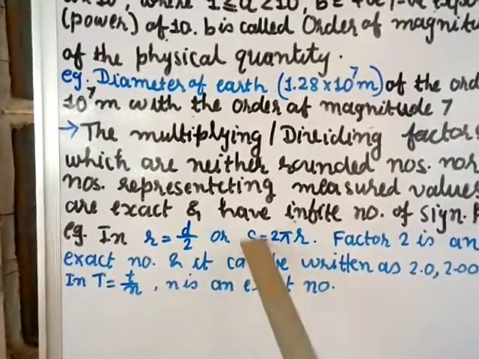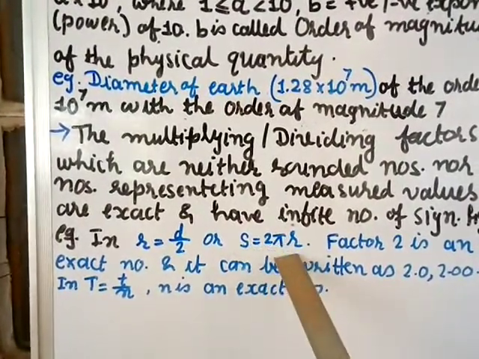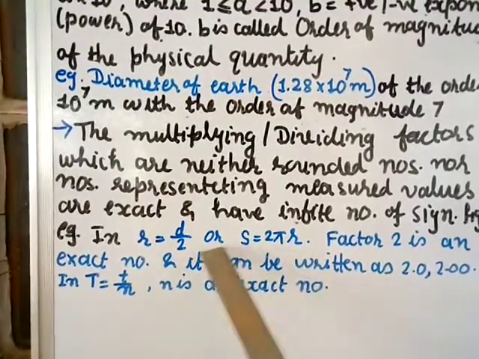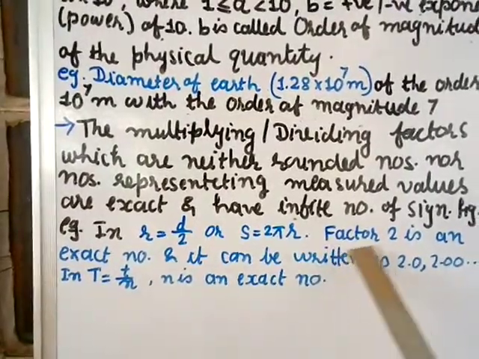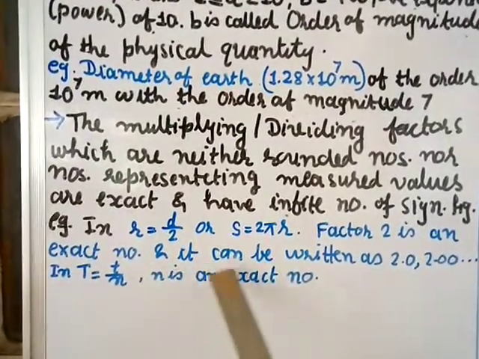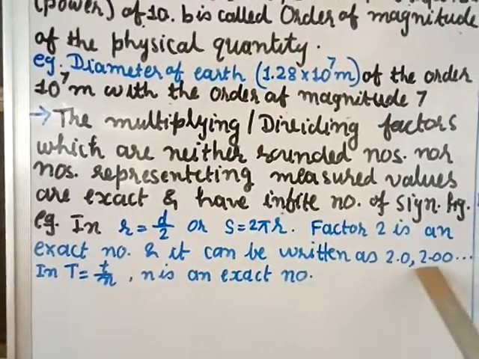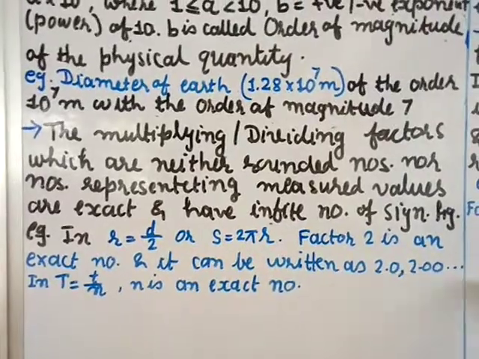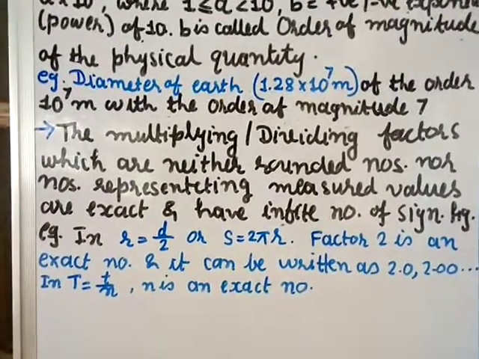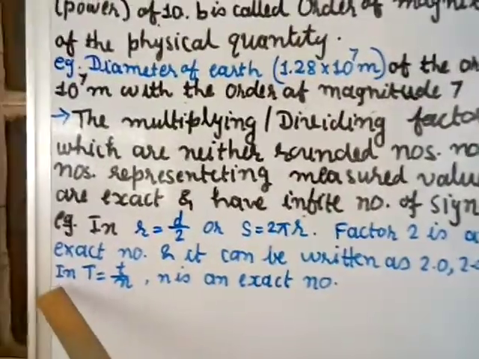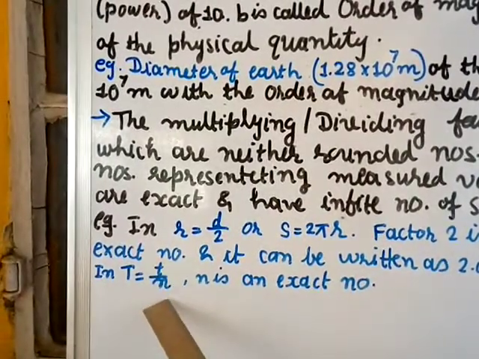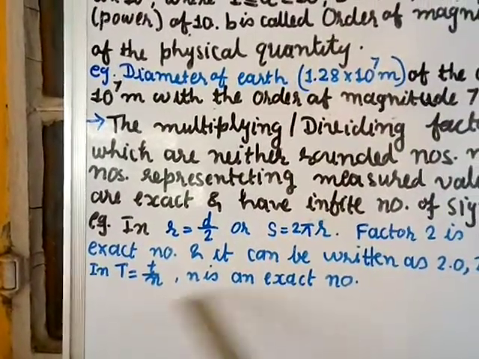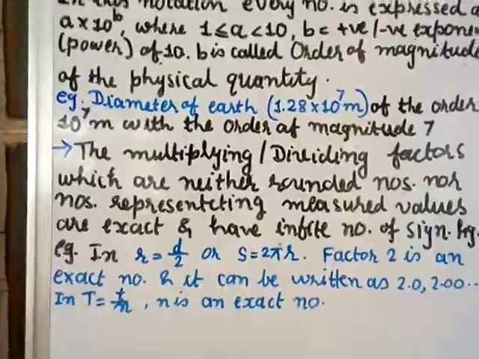You know circumference of the circle is 2 pi r. In this, the factor 2 is an exact number, and it can be written as 2.0, 2.00, 2.000, and you can have an infinite number of significant figures. Second example, t by n, where n is an exact number, so it can have an infinite number of significant figures.